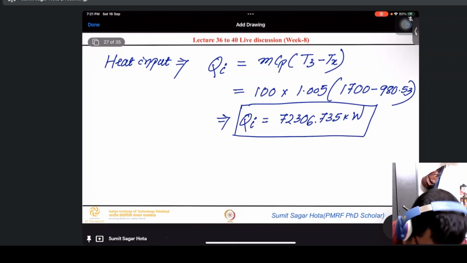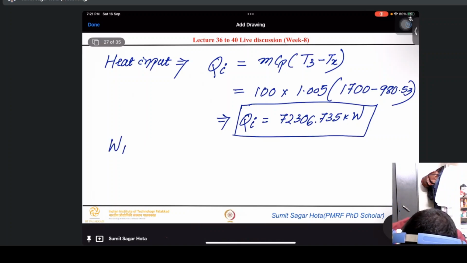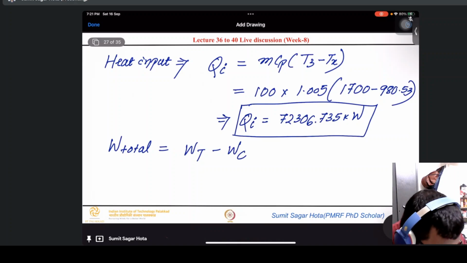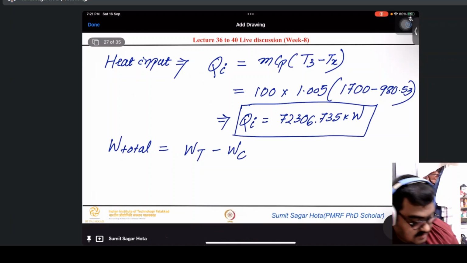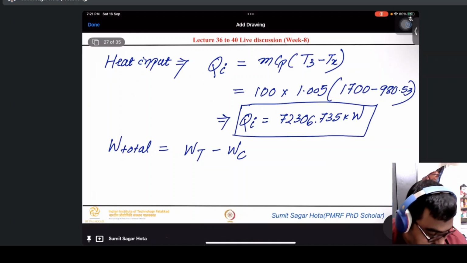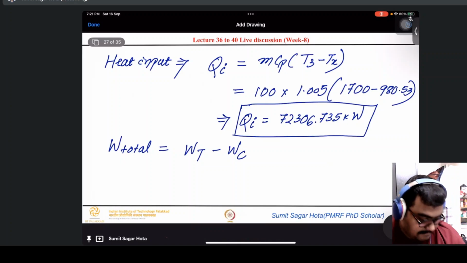So total work, turbine work minus compressor work. Okay. Turbine gas, compressor air. Okay.